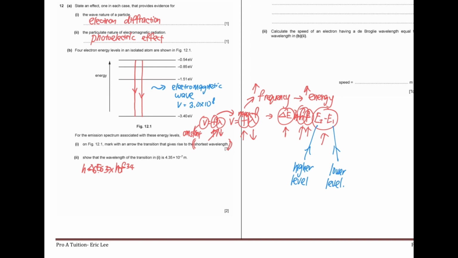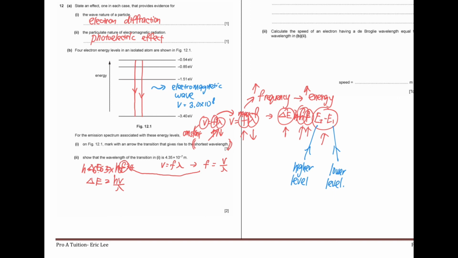We know h, the Planck constant. So we make use of v equals f lambda and rearrange it to get f equals v over lambda. Then we substitute this into the formula, so delta E equals hv over lambda.